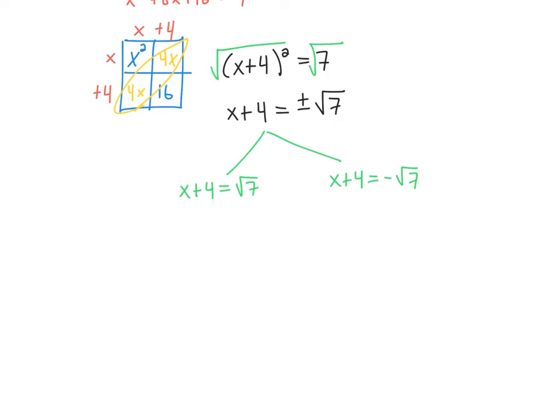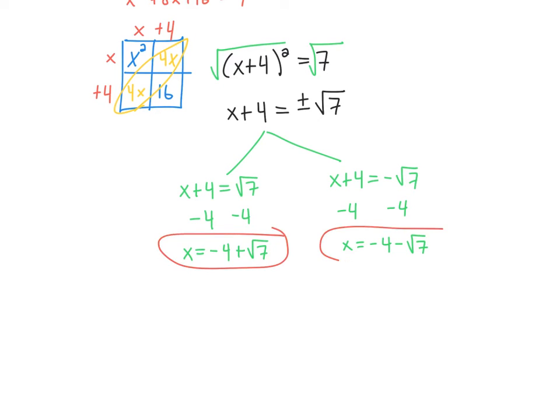To solve both, I want to subtract 4 from both sides. So in my first one, I get x equals negative 4 plus square root of 7. And in my second, I get x equals negative 4 minus the square root of 7. And those would be my two exact answers there.